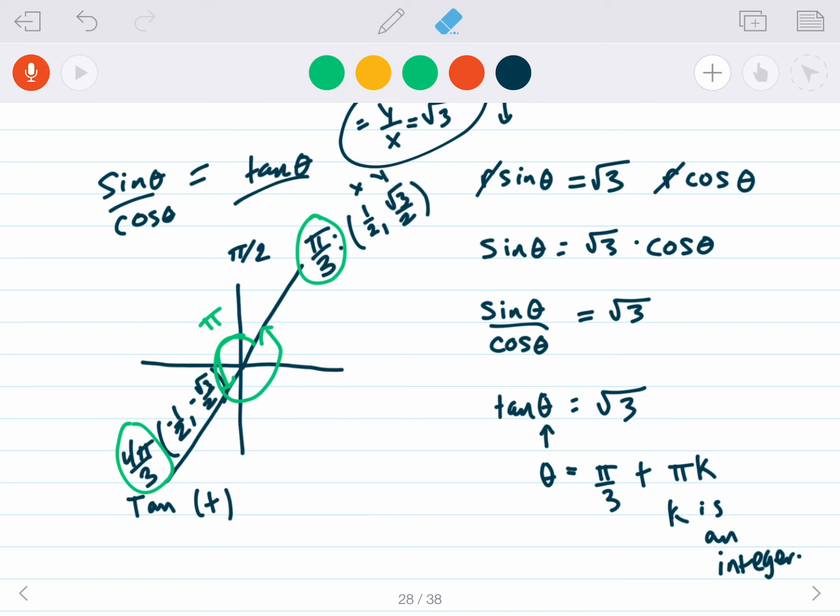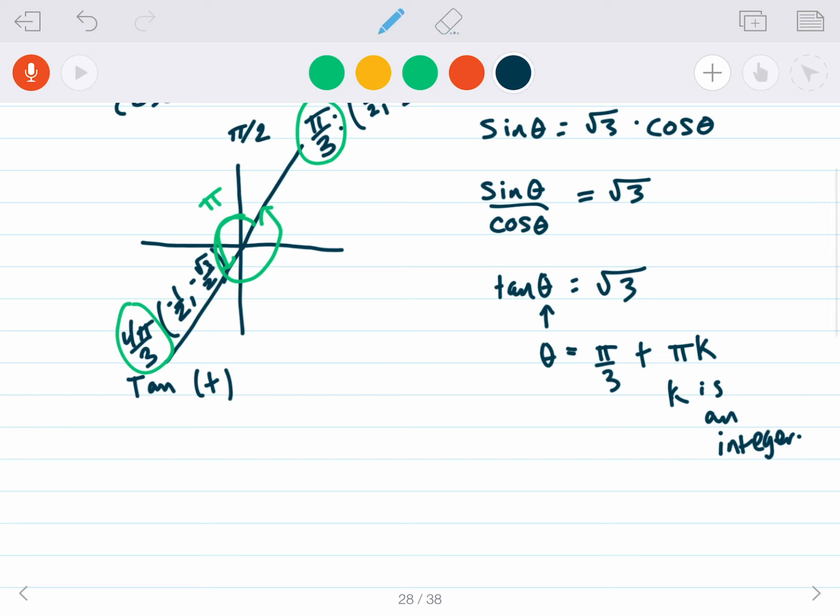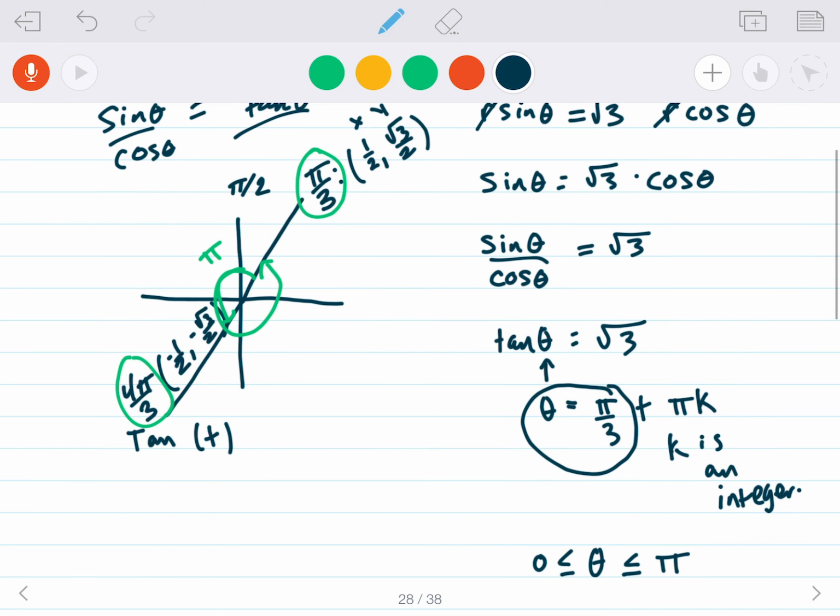However, if you come across a homework problem and your theta is restricted, say theta is between 0 and pi, well, then we don't need to include any of this. All we would say is that theta is equal to pi over 3 because we're restricting where theta can be.